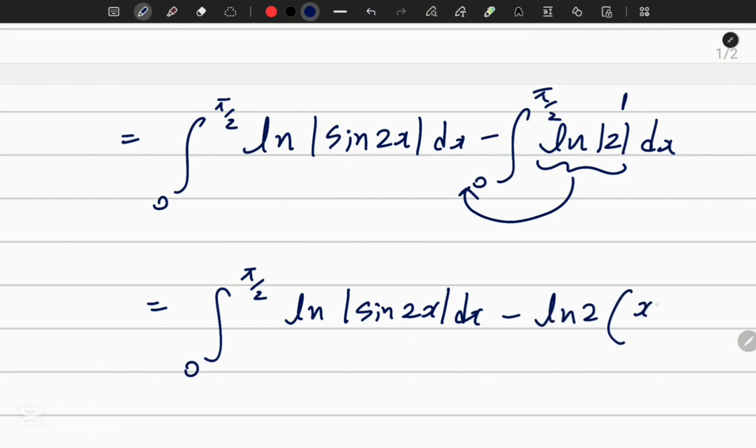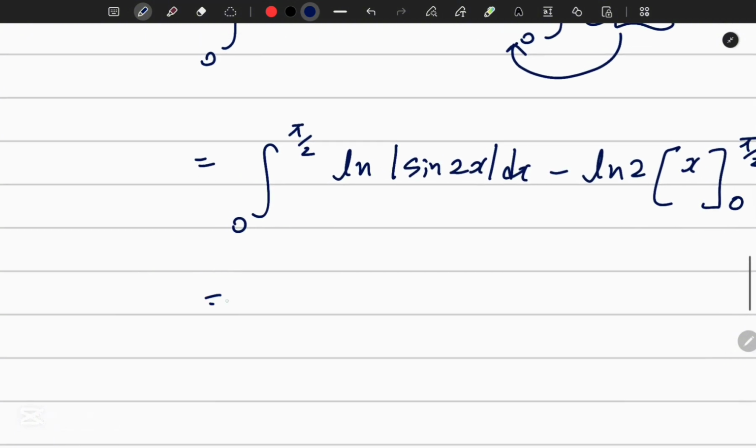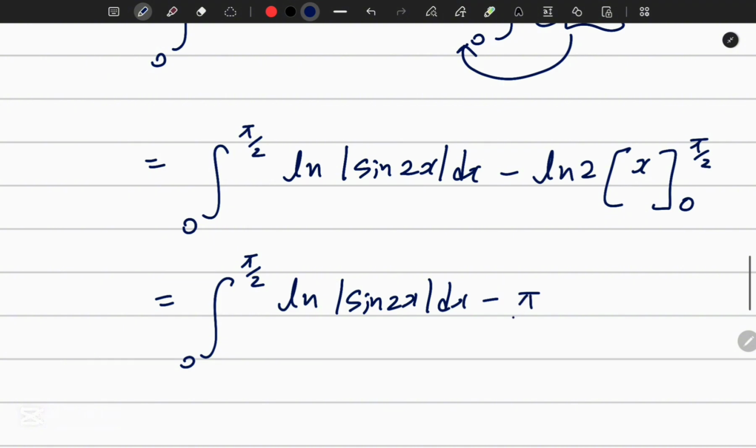So this is the integral from 0 to π/2 of ln sin 2x dx minus π/2 ln 2.